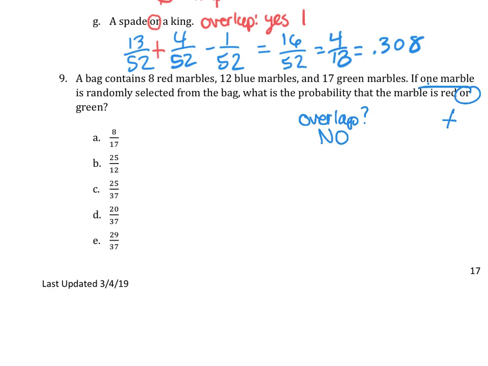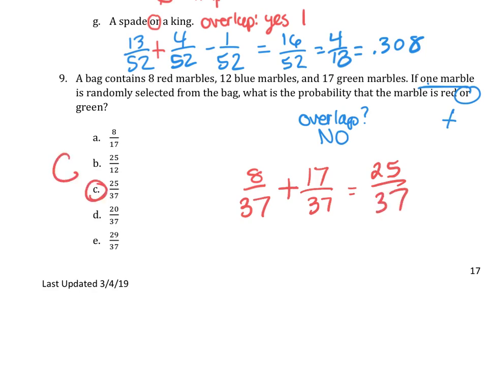So if we're drawing a red marble, we have 8 reds over the total, 8 plus 12 plus 17, which is 37. Plus, because it's or, drawing a green marble, which is 17 over 37. So we'd have 25 over 37, which is answer choice C.